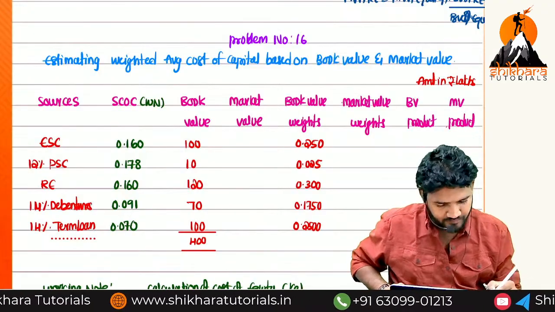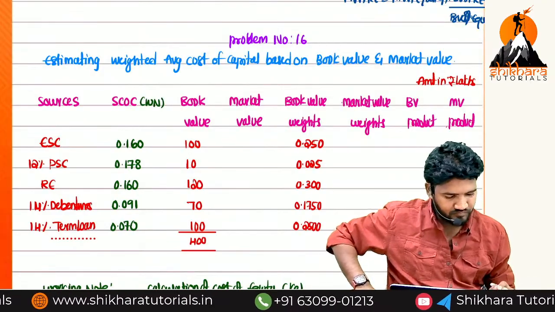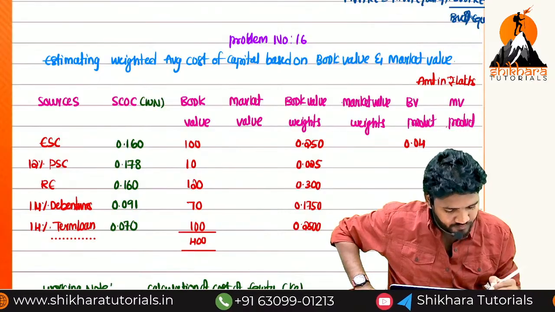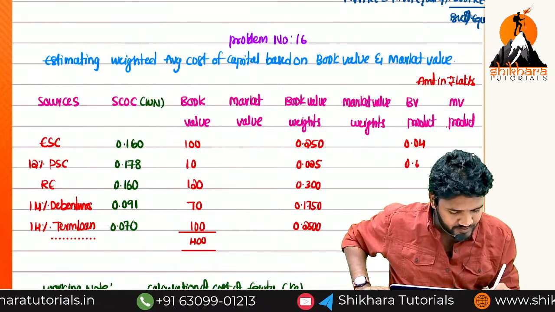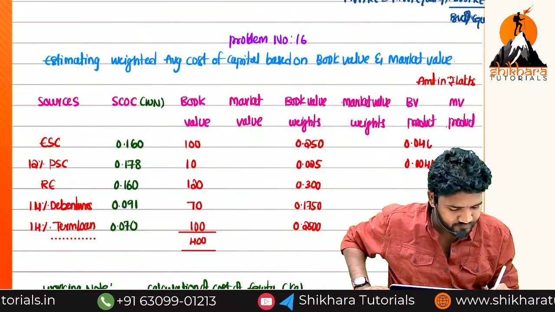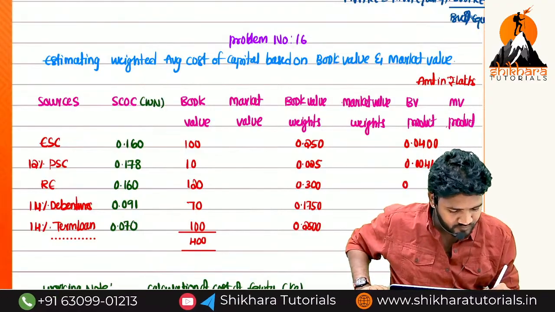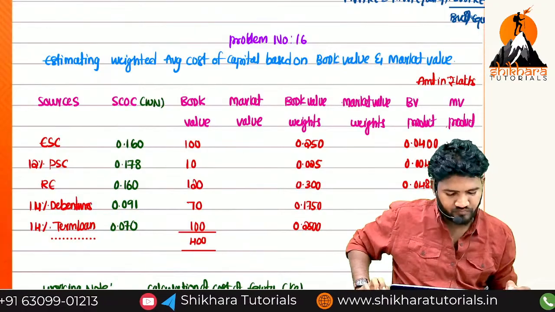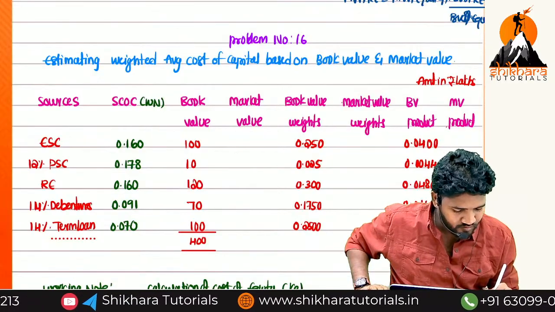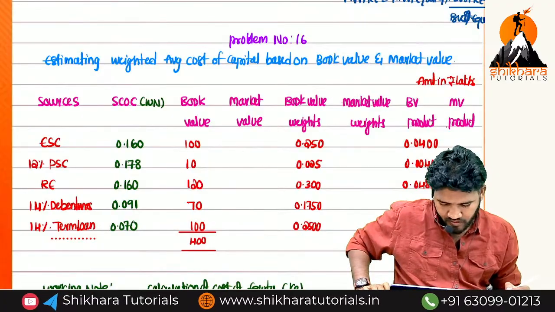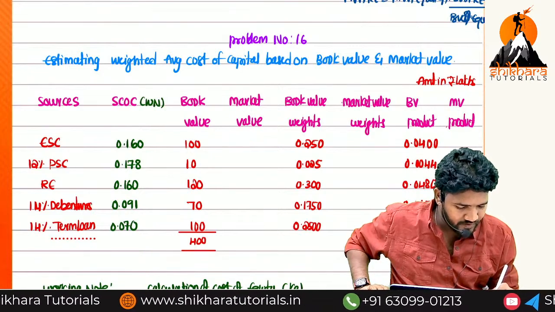Please tell me the book value of product, ma? 0.16 into 0.25, 0.04. 0.178 into 0.025, 0.0044. 0.16 into 0.3. 0.091 into 0.1750. 0.070 into 0.25.